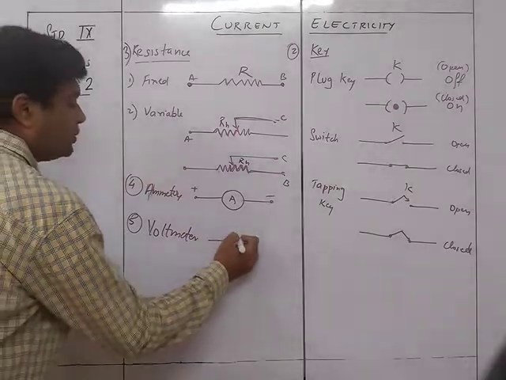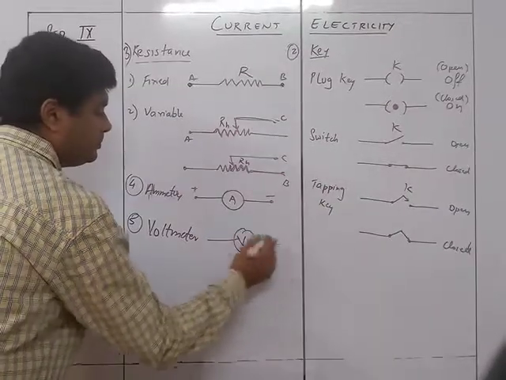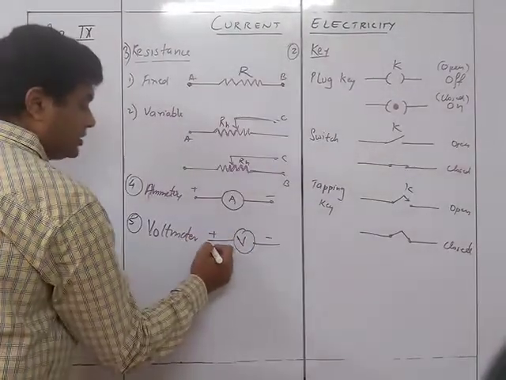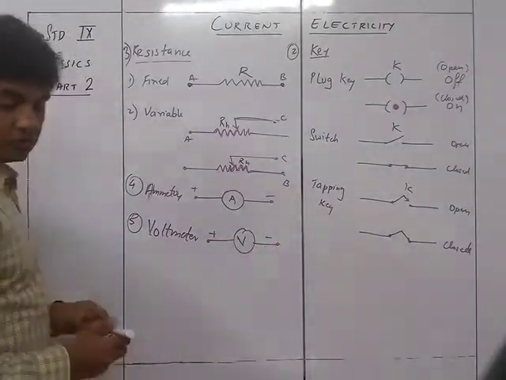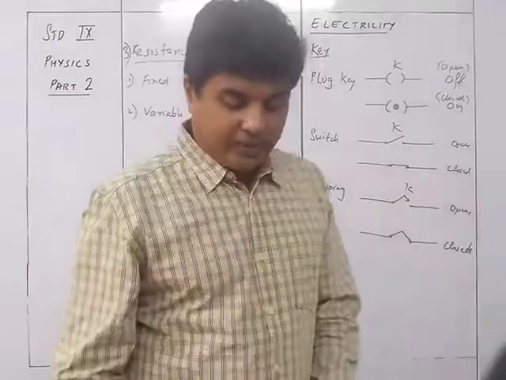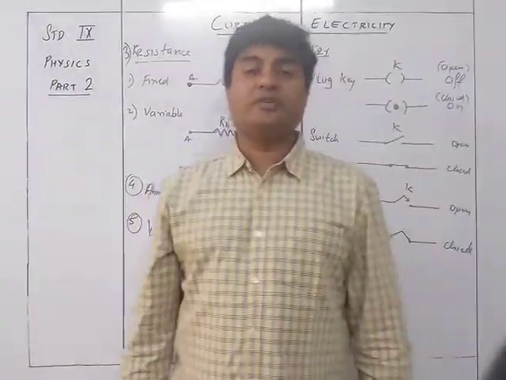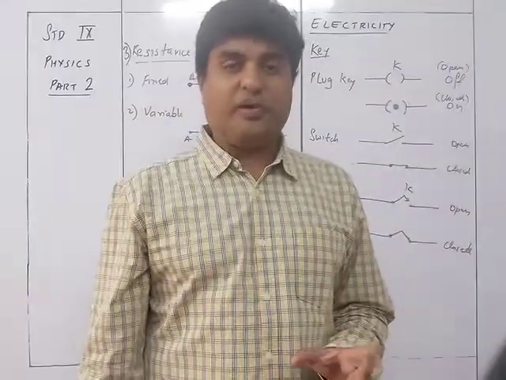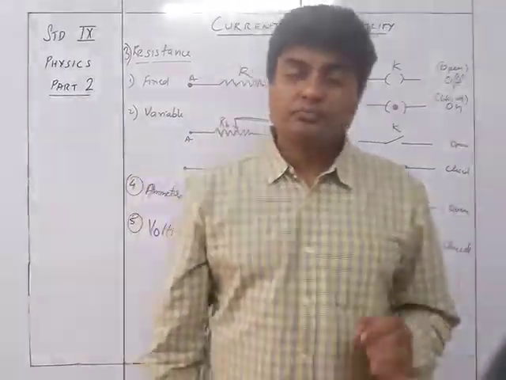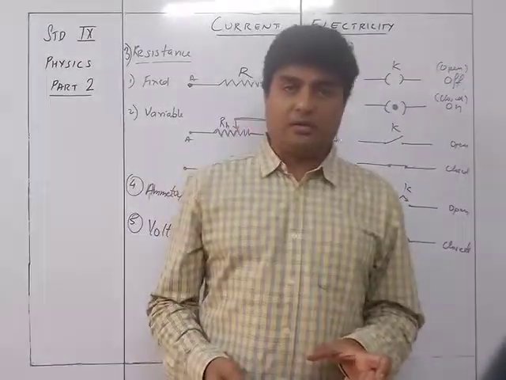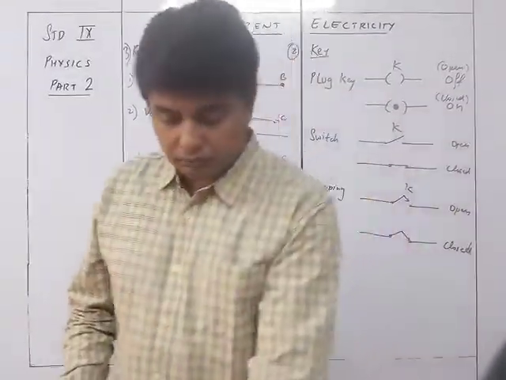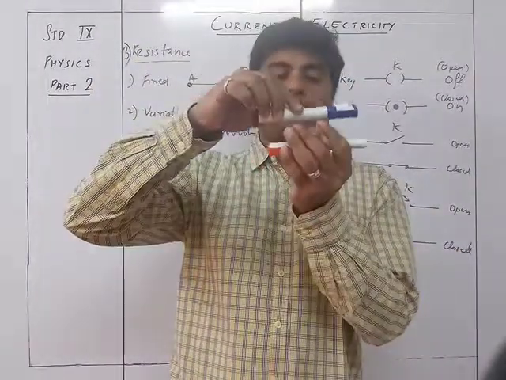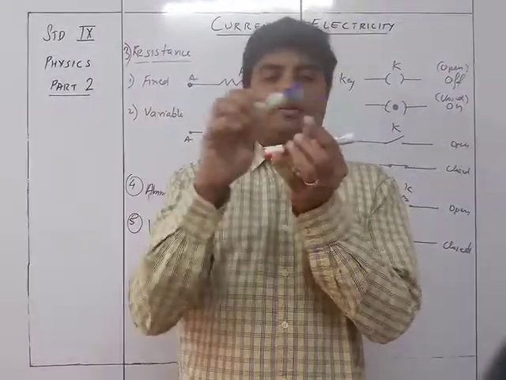Voltmeter is the one which is going to measure the potential difference across the terminals. So when you want to find out the potential difference between two points of a circuit, we are going to connect a voltmeter. In that way, the voltmeter is always connected in parallel. So if this is the circuit and this is the voltmeter, it will be connected like this, here and here.